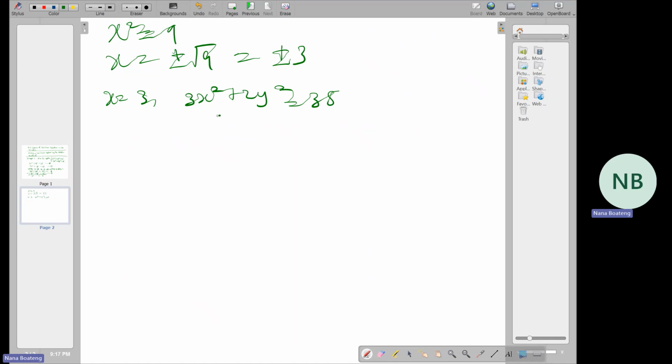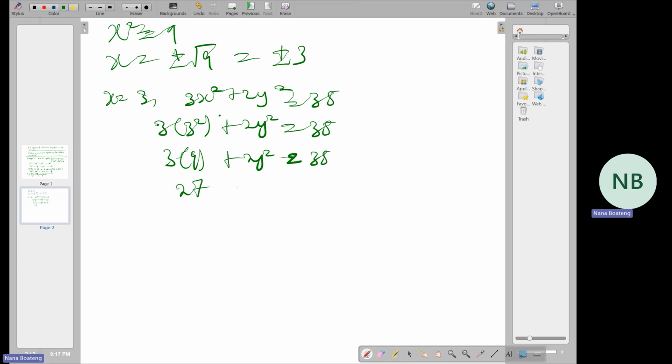So we have 3 times 3 squared plus 2y squared is equal to 35. 3 times 9 is 27, so 27 plus 2y squared is equal to 35.